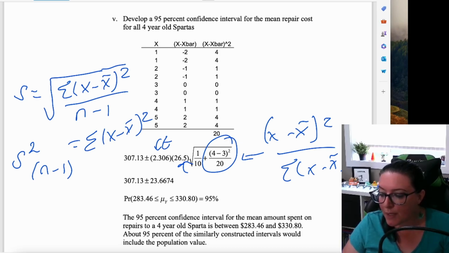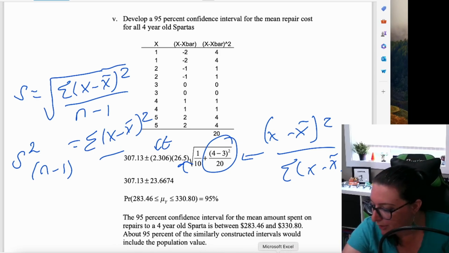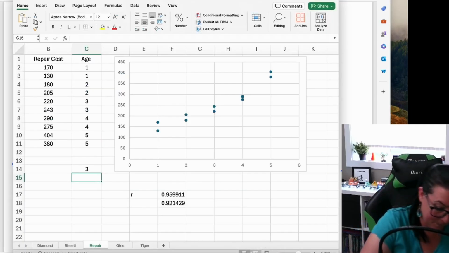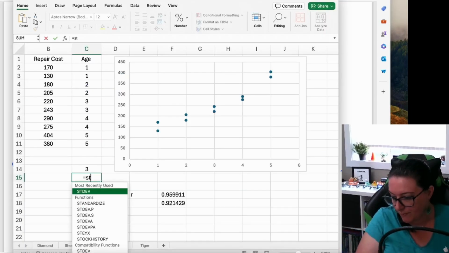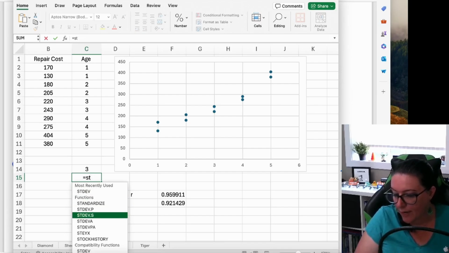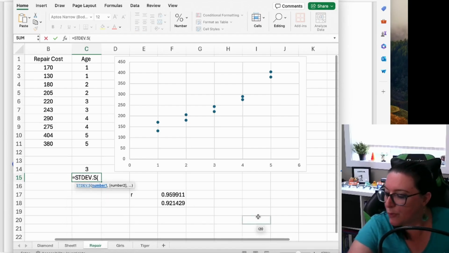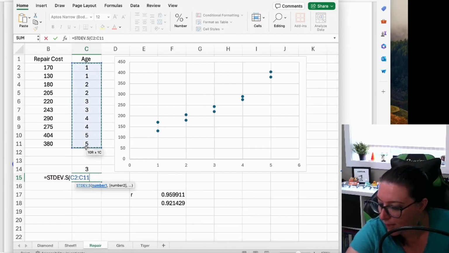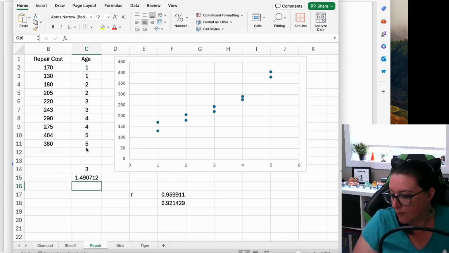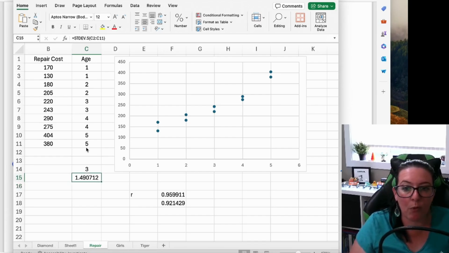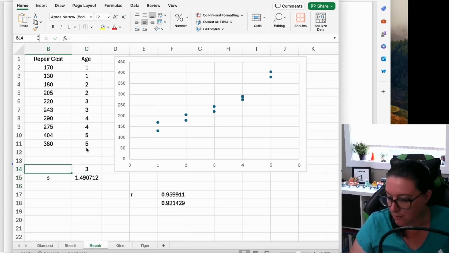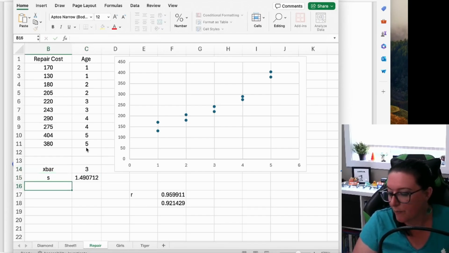So this formula rearranges for that, which means if I have the standard deviation, the sample standard deviation, make sure you do that one because that's the n minus 1. This is just divide by n. If I do that for the x's, I get 1.49. So that's S. This is x bar.